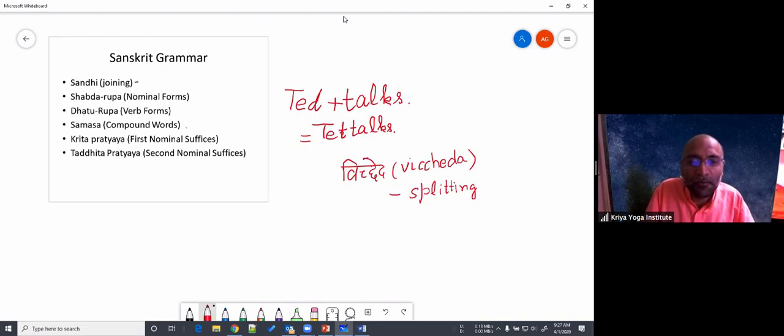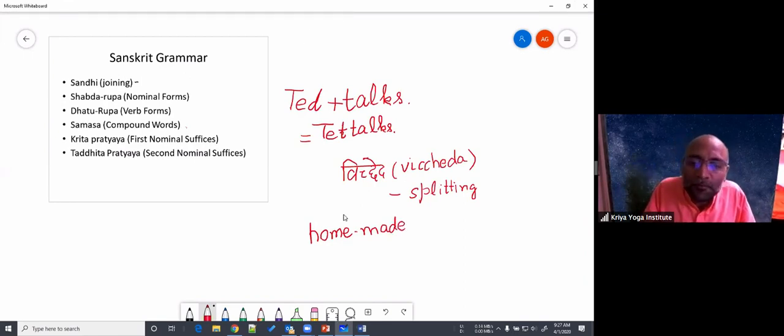Samasa, compound words. Compound words would be something like, in English, if I say home made.